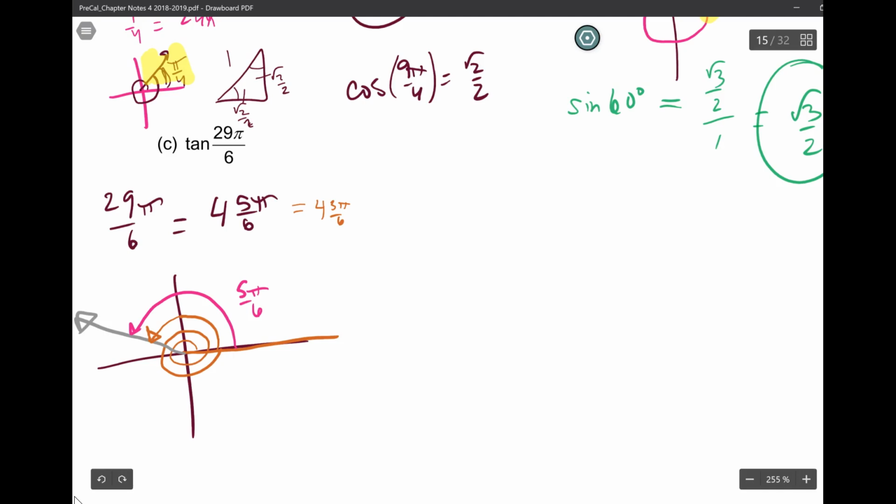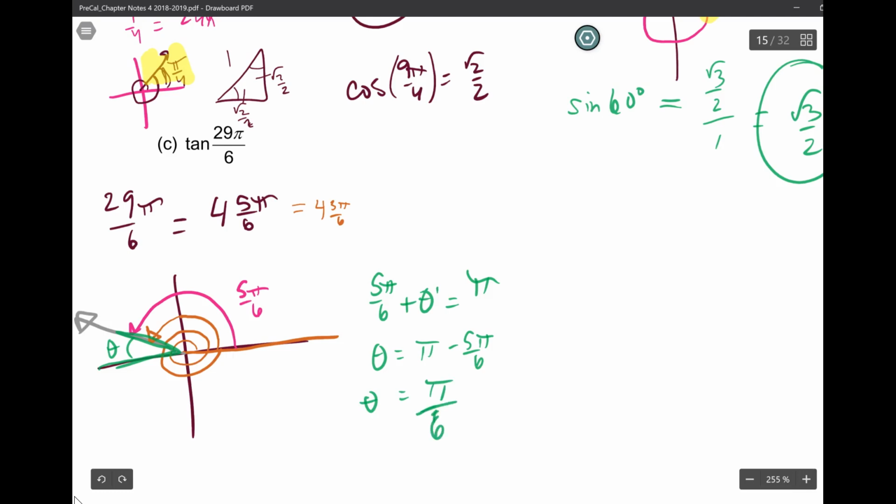So the angle I'm interested in is right here, this angle. So I know together the 5 pi over 6 plus whatever my reference angle is going to equal pi. So to solve for it, you just take pi minus 5 pi over 6, you get the angle is pi over 6.